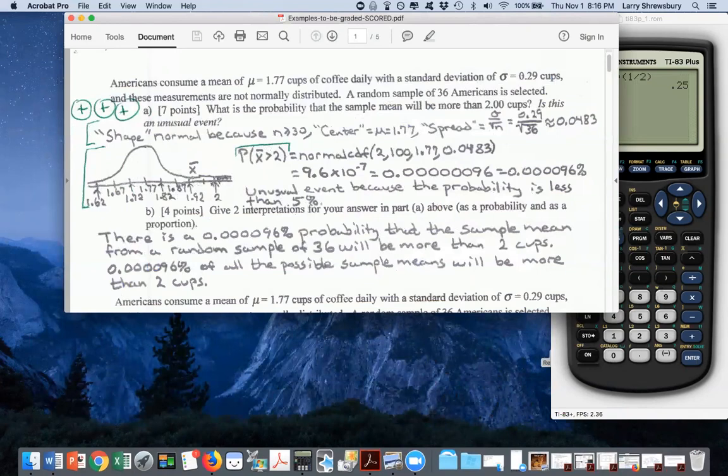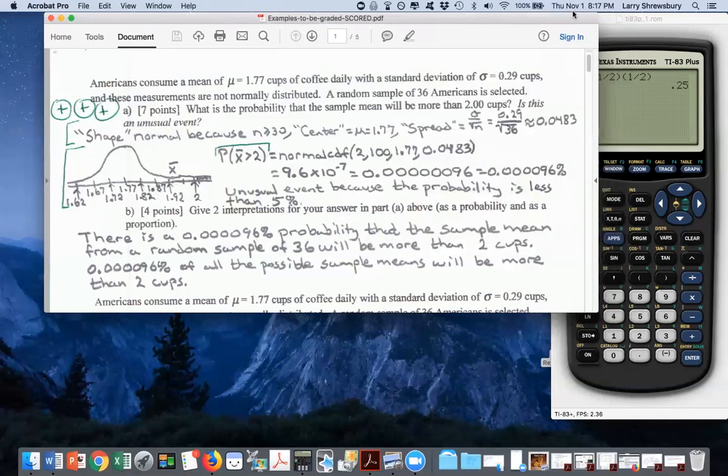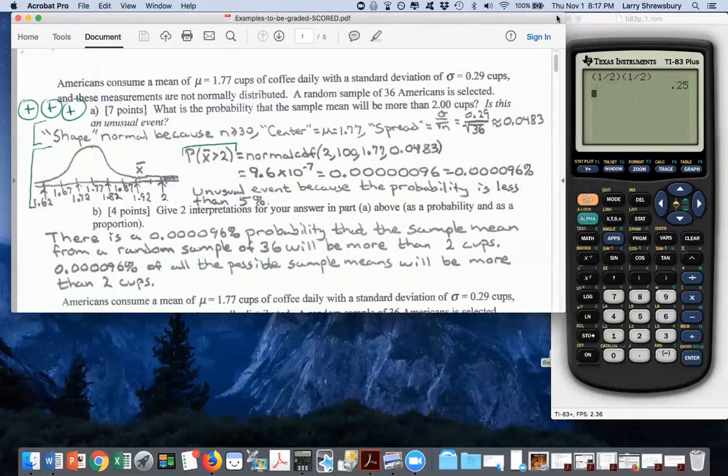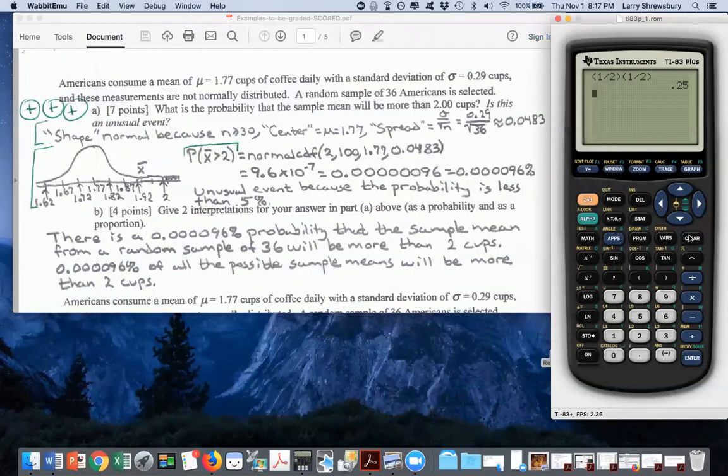And they could figure that out by turning that 2 into a z-score. Hey, how do you find the z-score for that? Well, let's just go over here and do that after I wake up my calculator. There we go. So you take your sample mean of 2 and see how far it deviates from the center. We can see that's 1.77.